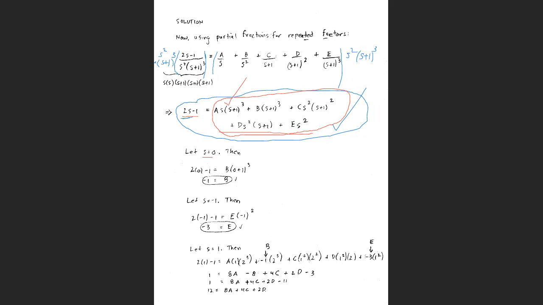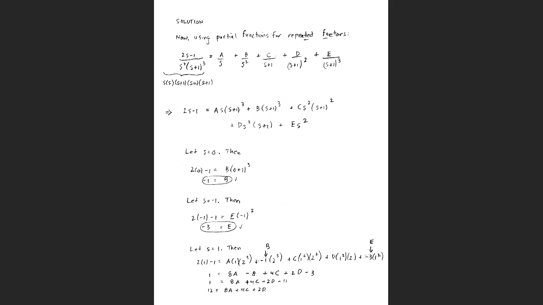The third term will equal 0 because you had an s squared as a factor. The fourth and fifth terms will equal 0. So you'll be left with 2 times 0 minus 1 equals b times 0 plus 1 cubed. Only the second term is left, and hence b equals -1. Are there any questions on that?